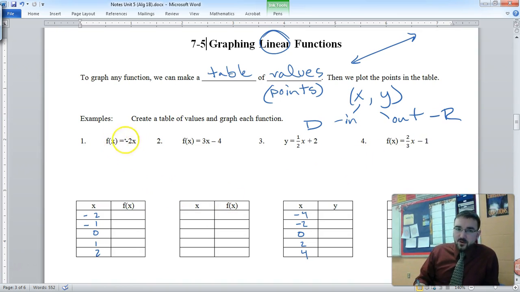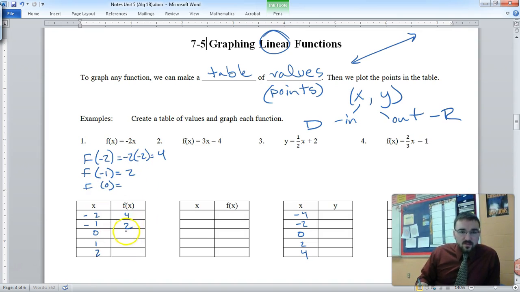All right, so f of x equals negative 2x. If I plug in f of negative 2, I'll write out the first one: negative 2 times negative 2 equals positive 4. So we've got a 4 there. We have f of negative 1. F of negative 1 gives a positive 2. Okay, f of 0.